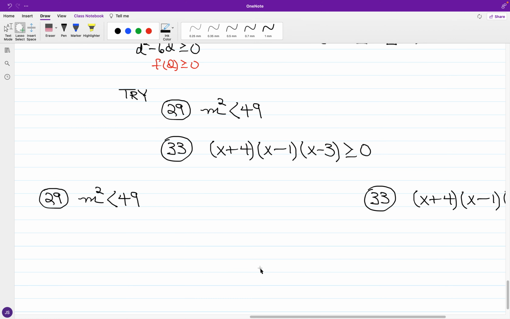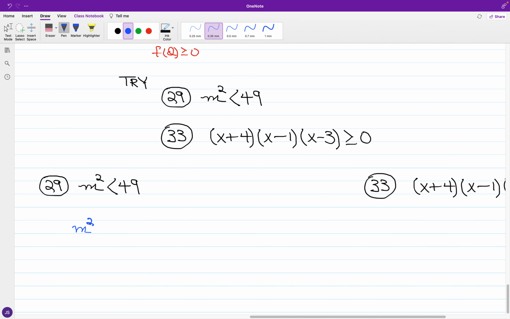So looking at what we have in numbers 29 and 33, if I were to rewrite m squared is less than 49 as a comparison to 0 inequality, I can go ahead and get to the zeros of m.